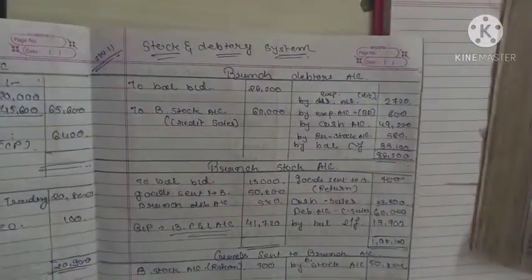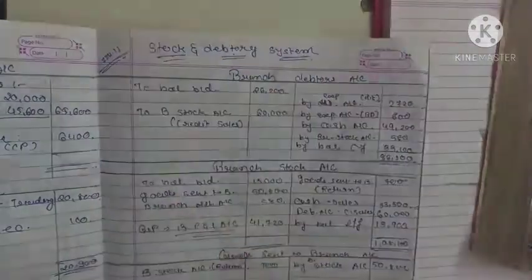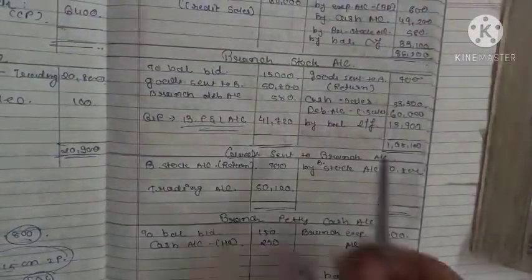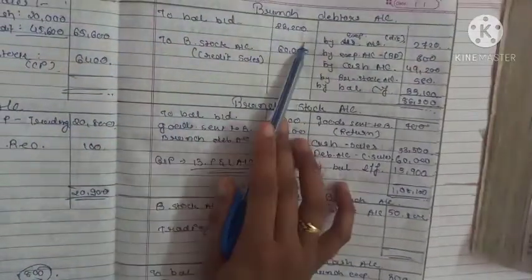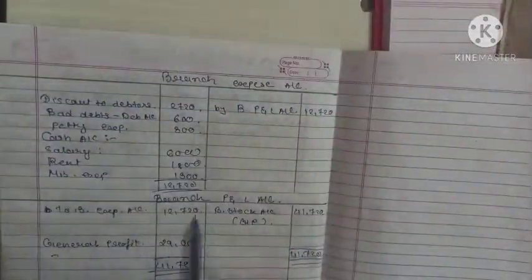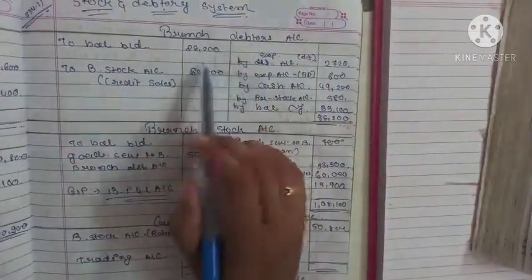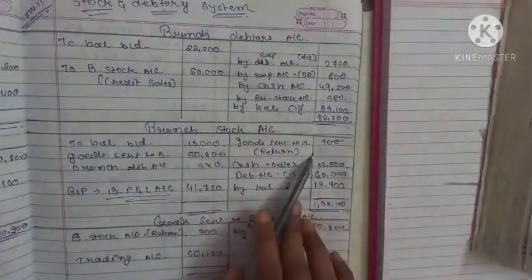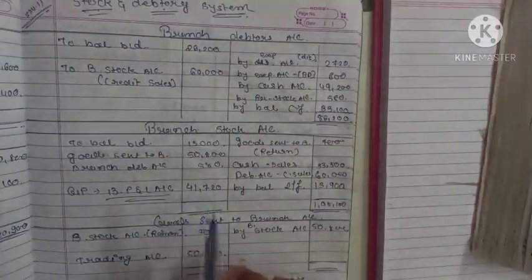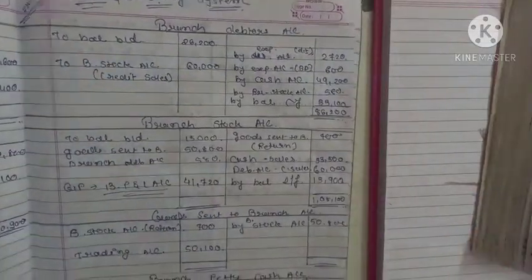This is how we prepare all the accounts under the stock and debtors system, right? In which we have to prepare the debtors account, stock account, goods sent to the branch, petty cash, expense account and P&L account. And carefully remember this: the credit sale in the branch debtors account will be transferred to the stock account. In the stock account we will find the gross profit and transfer it to the P&L account.